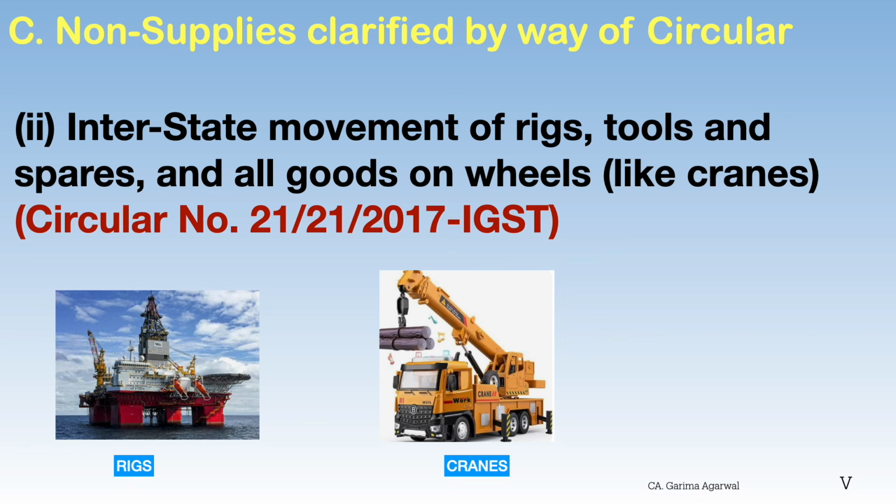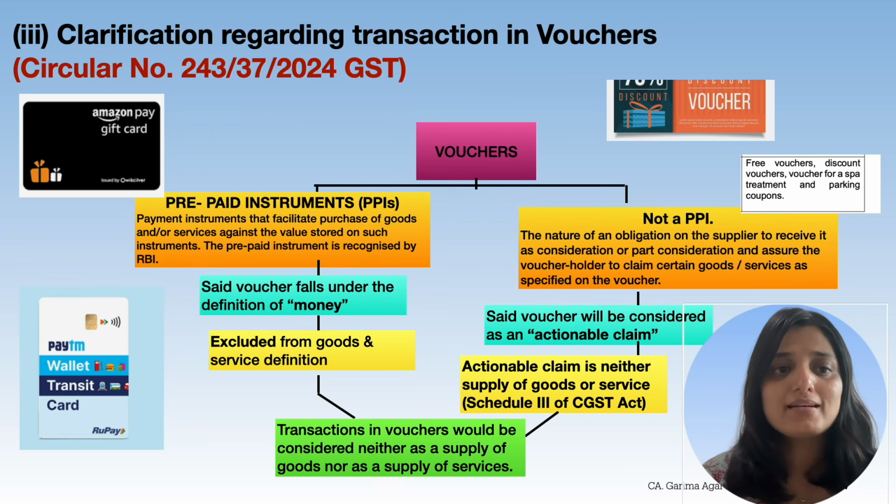Again, it also clarifies that any repairs undergone on these goods, then applicable taxes will be paid on that. Applicable GST will be paid on that. Similar as Circular 11/2017.